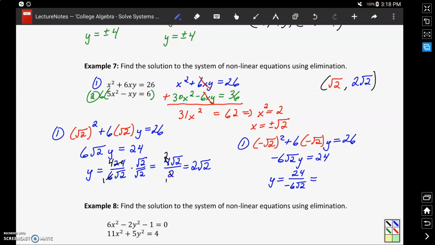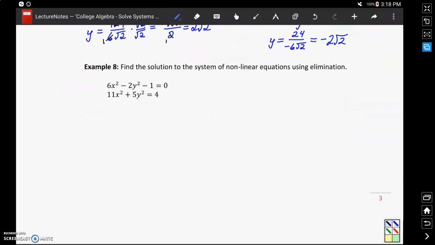This will reduce exactly the same way, except that we have that negative sign, so our result will end up being negative 2 times the square root of 2. So when x is equal to negative square root 2, our y coordinate will be equal to negative 2 times the square root of 2. In this case then, we only have two solutions, so 2 points where those two nonlinear equations intersect.